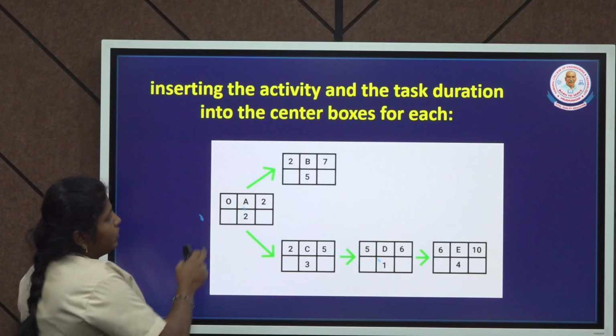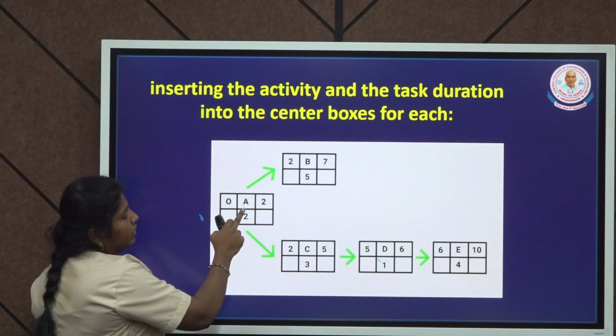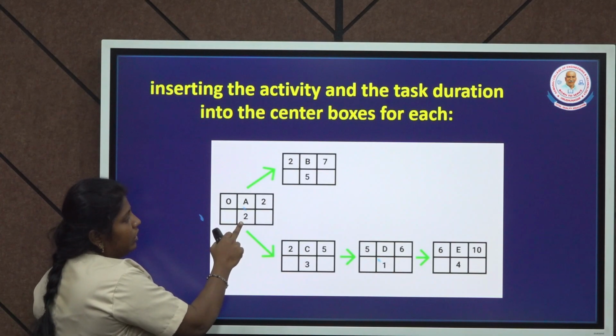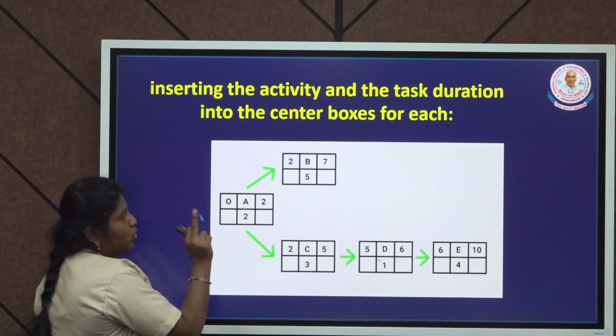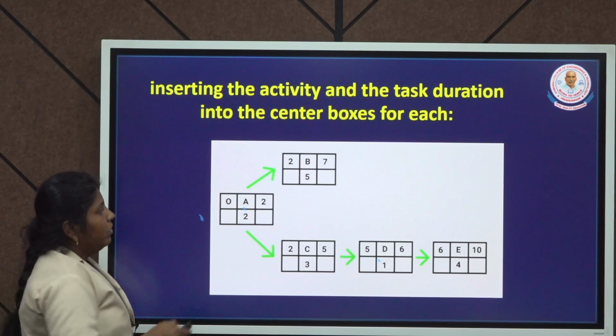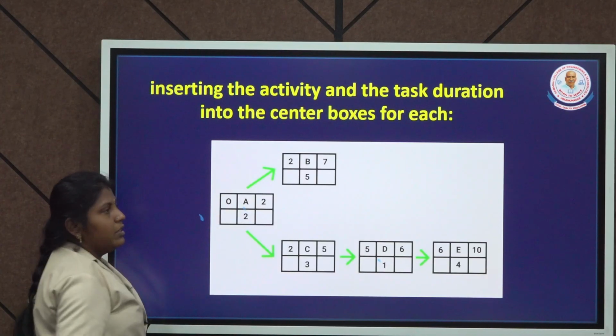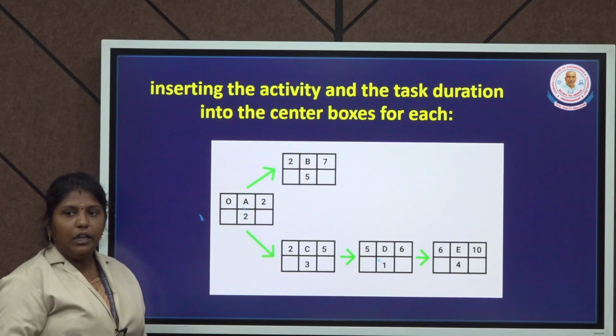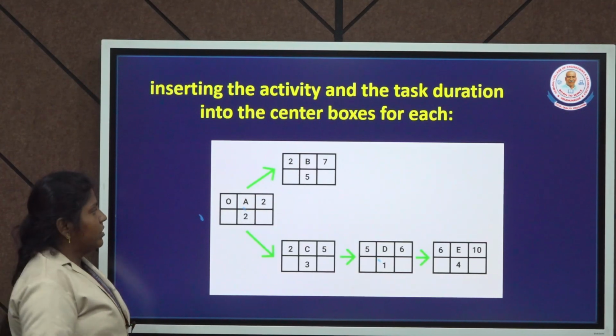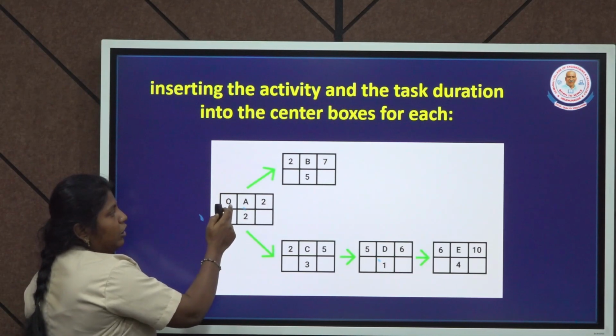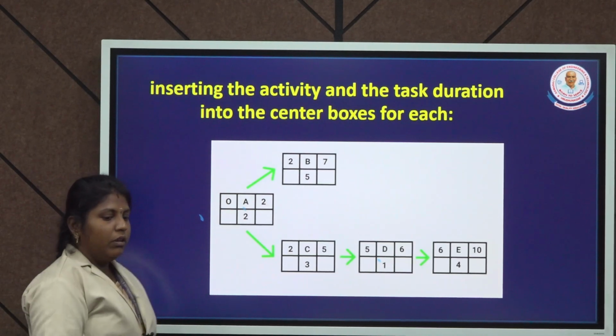So here first you see the activity A, and the duration value for the activity A is 2. Okay. So first the early start is 0 because A does not depend on any other activities. So first the early start value you put here is 0.